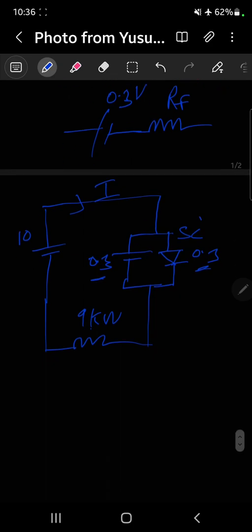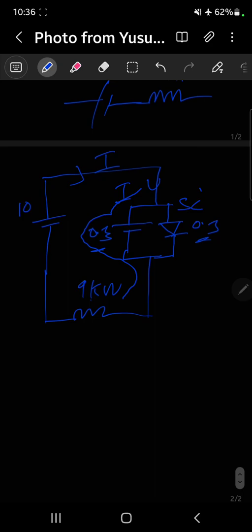I want to find the value of I, and I goes like this, and here this diode is off, so the current flows through this circuit only. Okay, by applying KVL in this loop from this point A, B, C, D, E, F. So I'm applying the KVL in A, B, C, D, E, F.